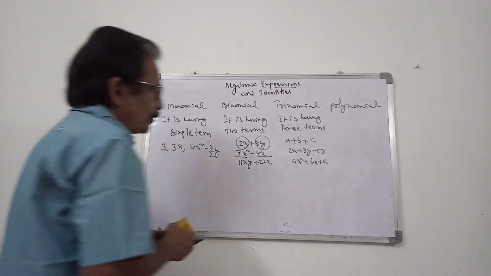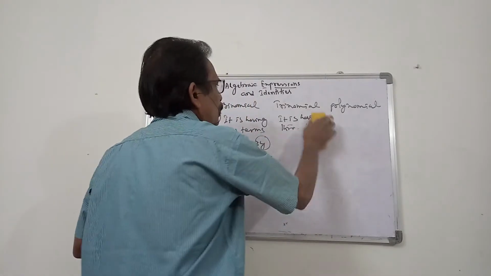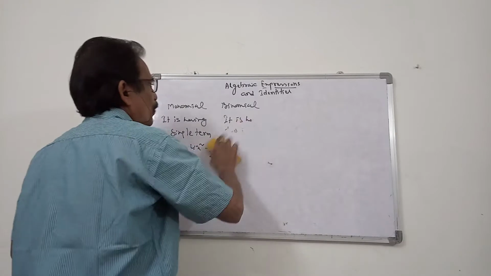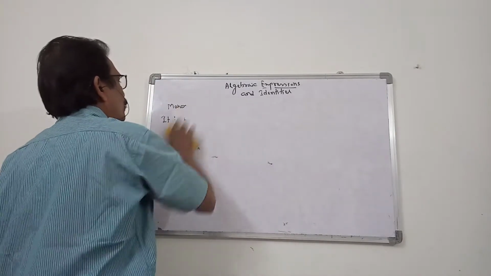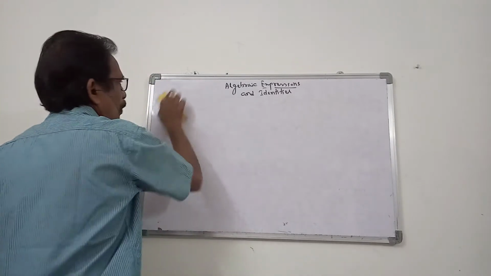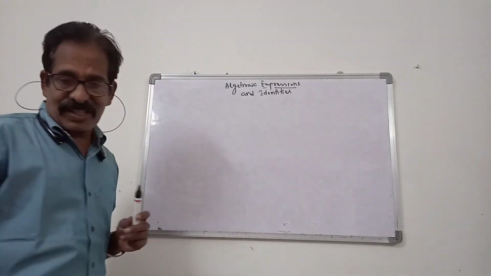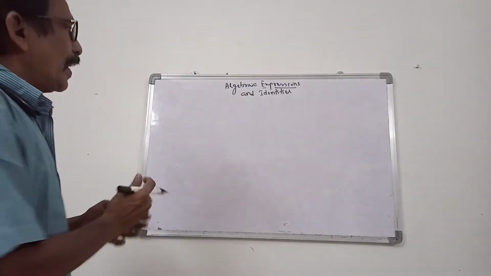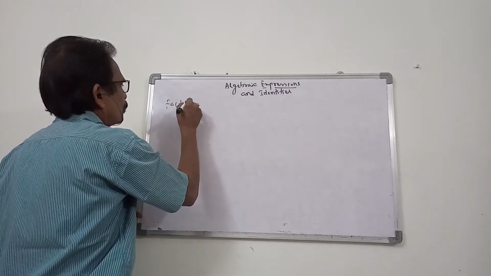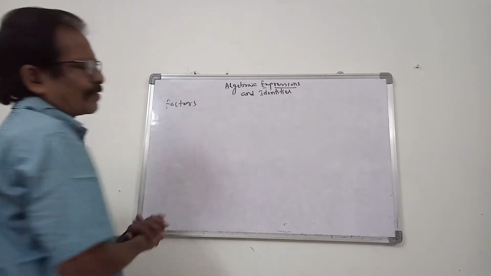Now there is another thing we have to discuss. So far we have discussed monomial, binomial, trinomial, polynomial, and now we have to find the factors. What are factors?